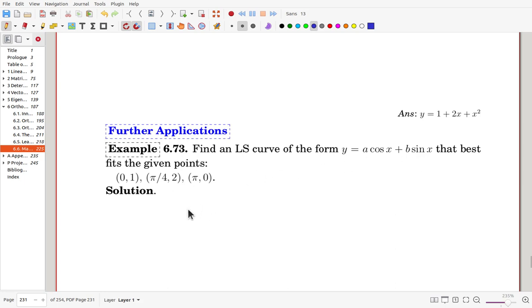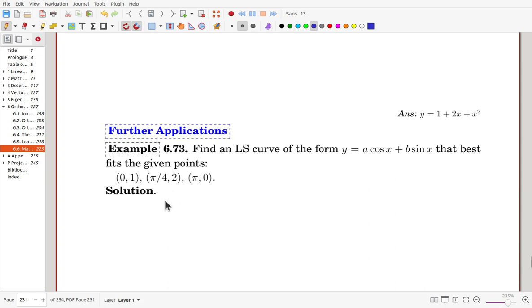So always the idea is you have to make a linear system, and you should try to find the least squares solution of the linear system.